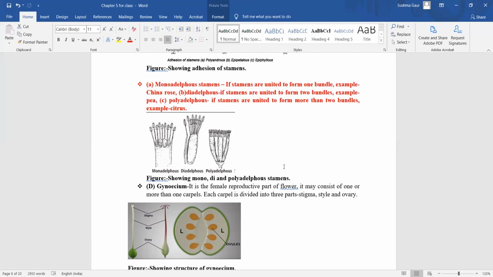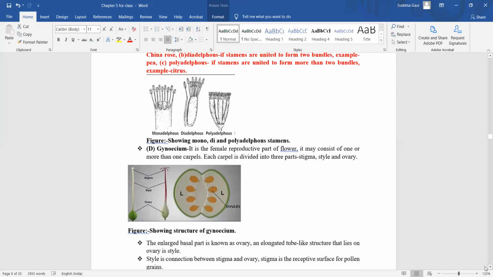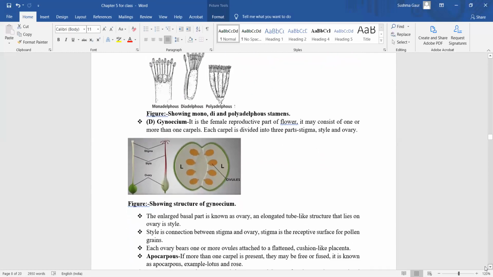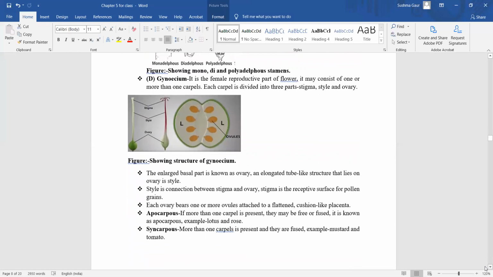They will be divided into 2 groups or 3 groups on the basis of their size. Example of polyadelphous is citrus. Okay, it's clear. Shreya, should I proceed?